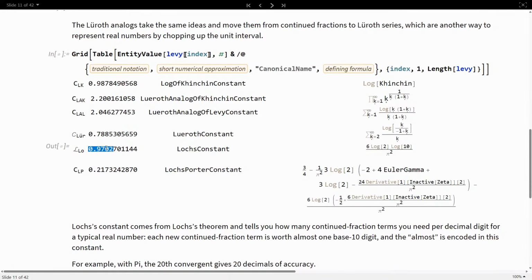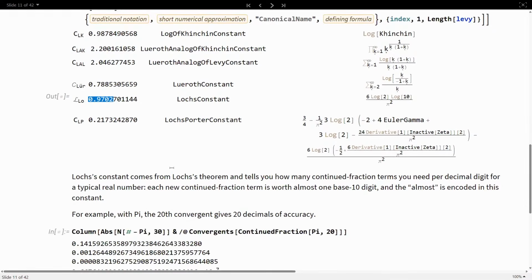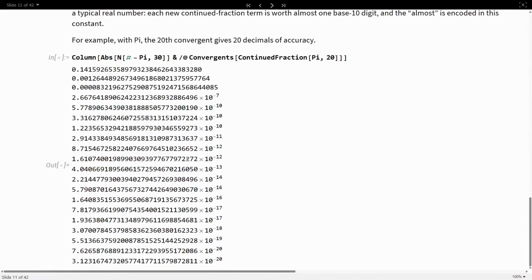So if you have about 20 terms of the continued fraction, you probably have enough terms to express the decimal. So the 20th convergent of pi gives 20 decimals of accuracy. That's what we see here.